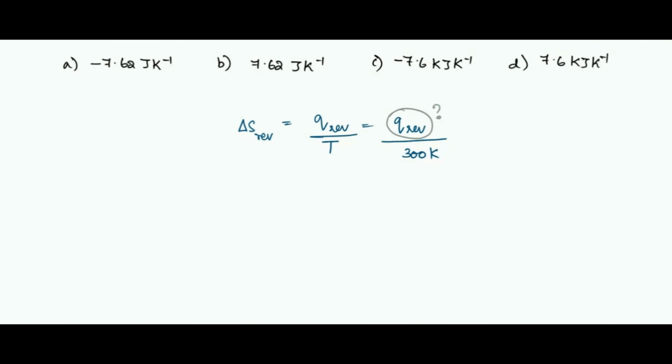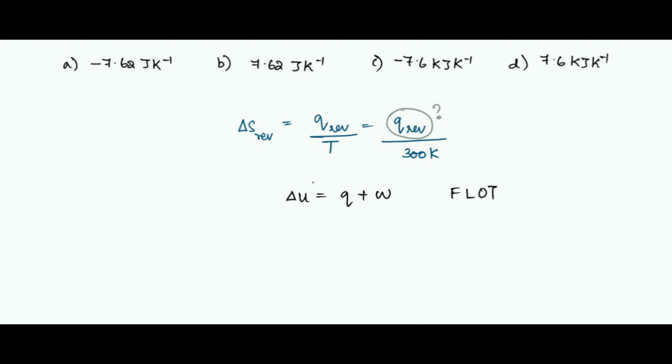It's given that some expansion or compression is happening, it is reversible and isothermal. Now, according to the first law of thermodynamics, the change in internal energy is equal to Q plus W. This is the first law of thermodynamics.